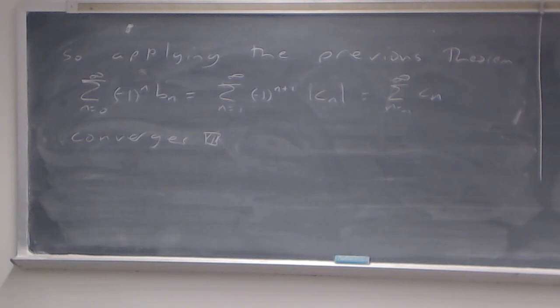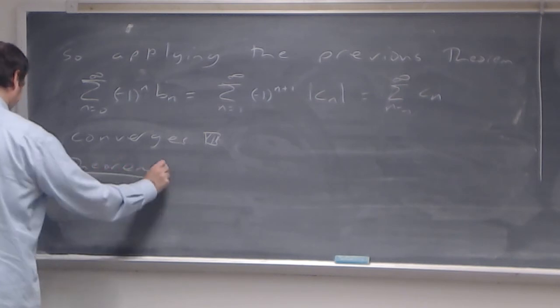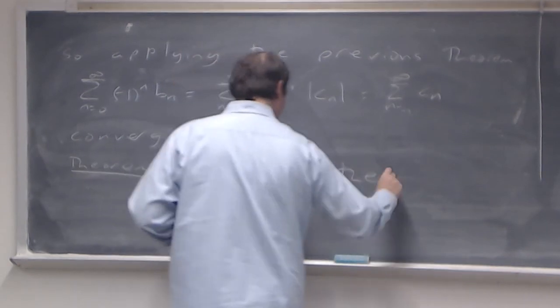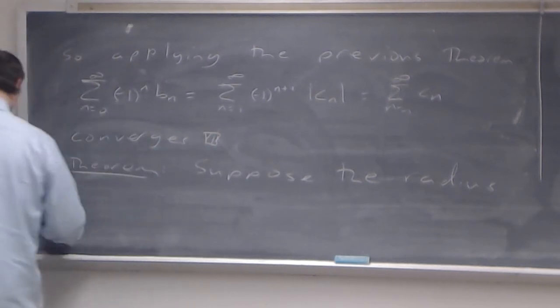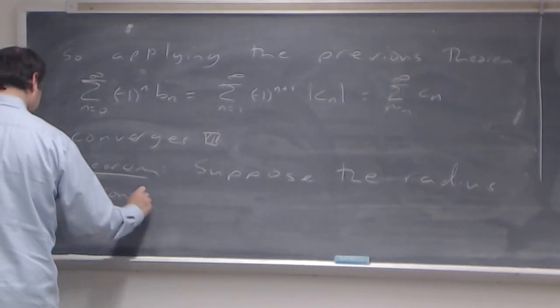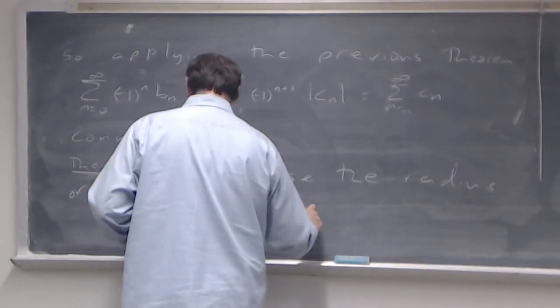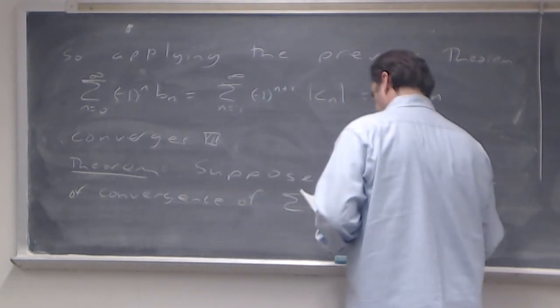Okay. I'd like to do one more theorem, and then maybe a definition. I think this theorem is good. So here we suppose the radius of convergence of the power series of c sub n times z to the n is 1.